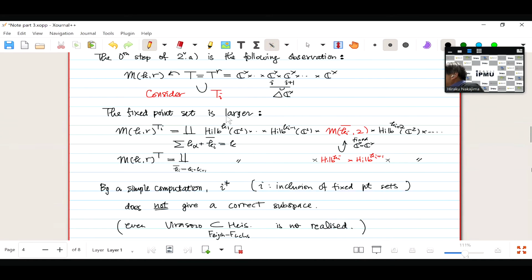But unfortunately, so this is a fixed point set. So you have a pullback homomorphism from the upper space to the lower space. And also, this is further embedded in MKR.